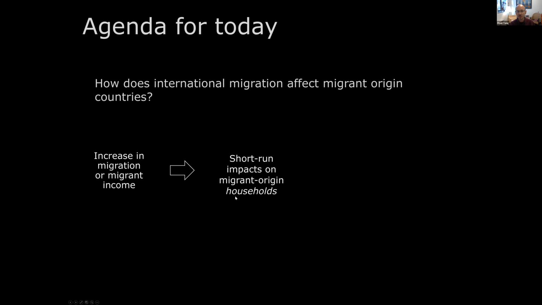We can think about what the short run impacts would be on just the households from which the migrants originated. And then we can also think about the longer run impacts on migrant origin areas, which gets us much closer to thinking about the long run impacts on economic development of the places from which migrants come.